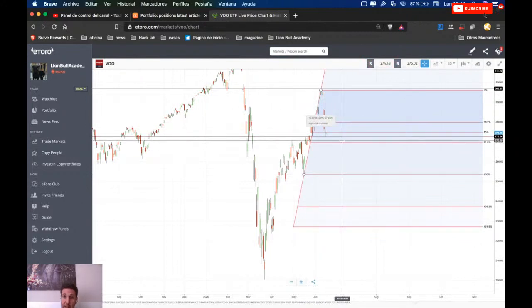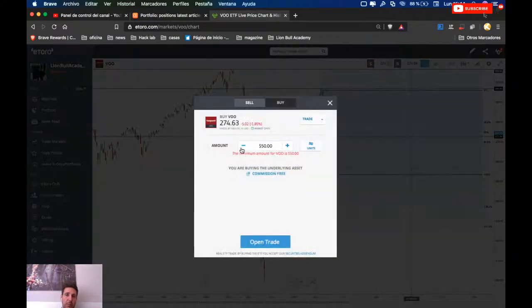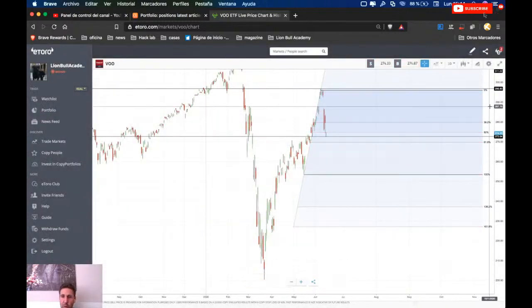So here I am choosing to enter one more time in the market for a target of 287. So I just click buy, always putting the minimum I can with the possibilities I have at the moment, and now we are going to put a target price of 290. Okay, let's try to get to 290.